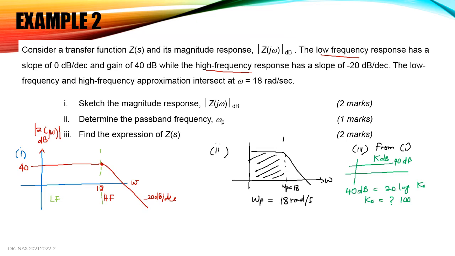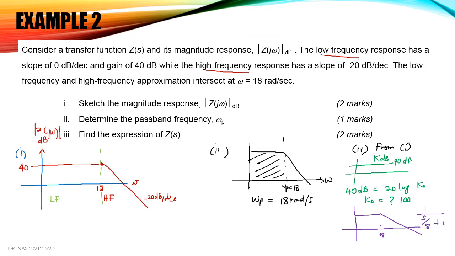So next, you know that there's a negative 20 dB slope from 18. So meaning that this is the pole at 18. Okay, so in this case, it is 1 over s divided by 18 plus 1.